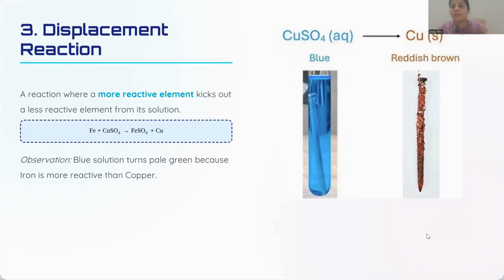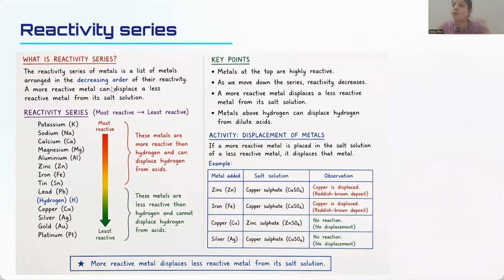For all these, you must know which ones are more reactive and which ones are less reactive. So we have to refer to the reactivity series, in which potassium, sodium, calcium, magnesium, aluminium, zinc, iron, tin, lead, above hydrogen, these metals are most active and called reactive metals.